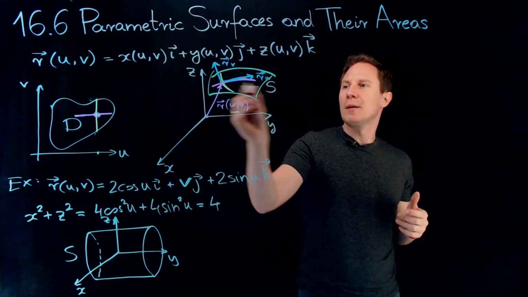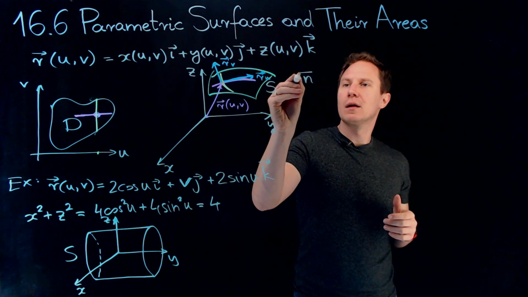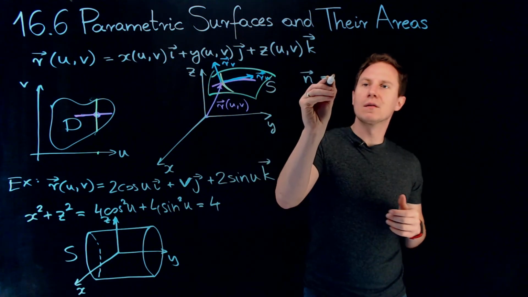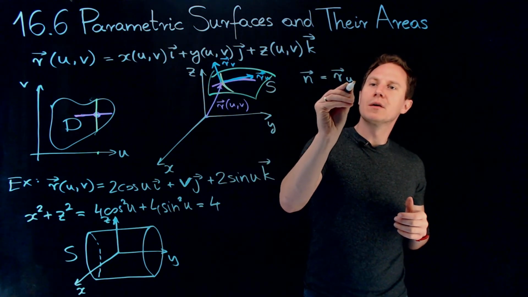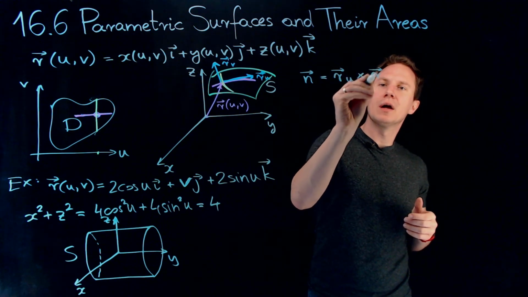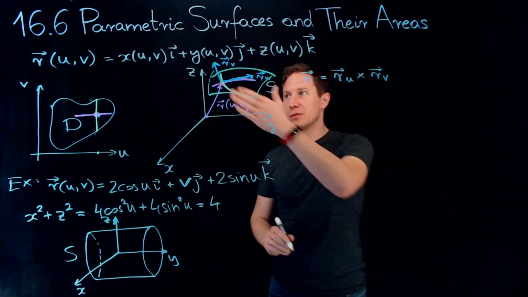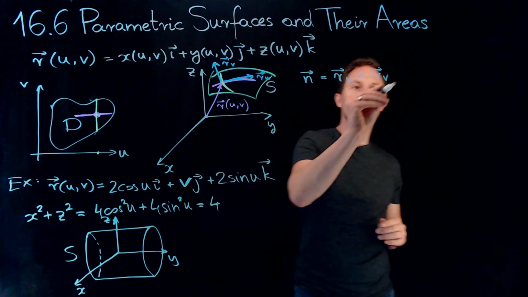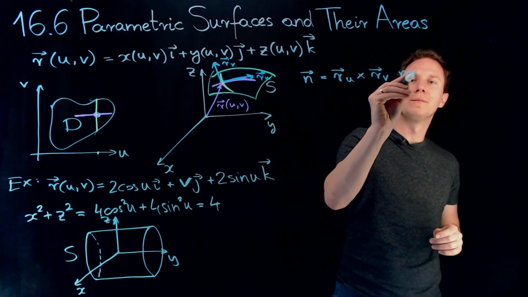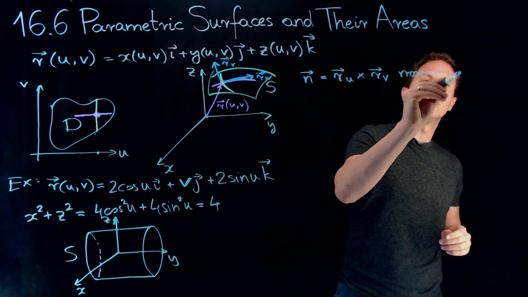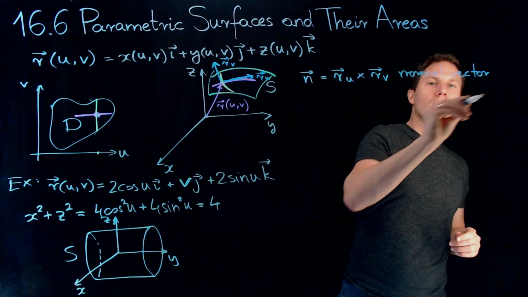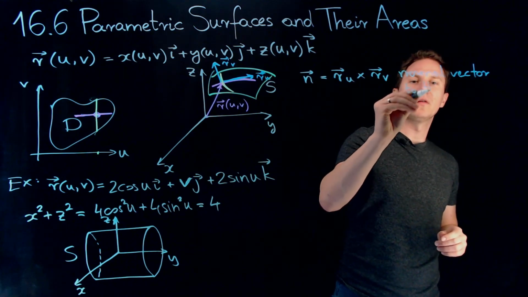So what I'm trying to say is that the cross product of r_u and r_v, these partial derivatives of our vector function, will give us a normal vector to the surface.